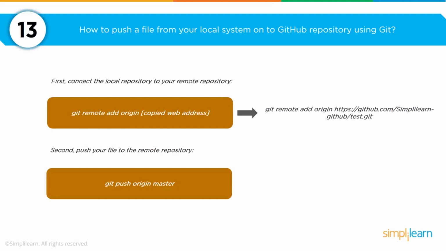Now, if you want to push code from your local system to a GitHub repository using Git, then first of all, you want to connect the local repository to a remote repository. In the example, you may want to talk about using the command git remote add origin and then the actual path to a GitHub repository.